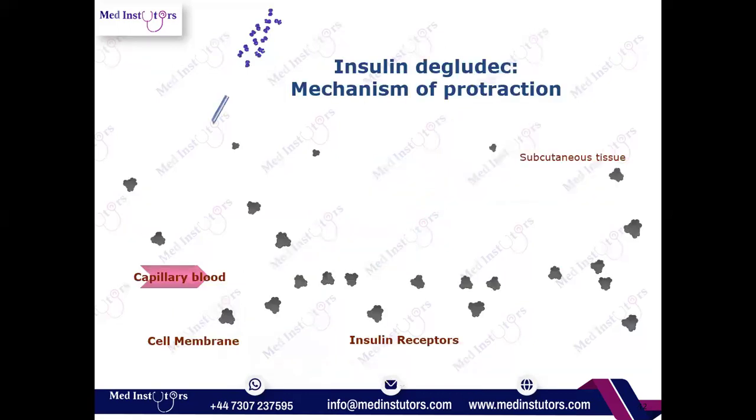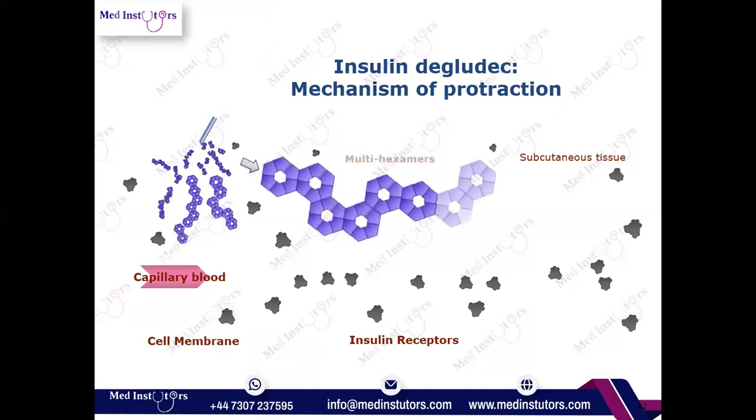So we can see a cartoon here of the insulin degludec. The mechanism of action is shown as a cartoon here. It is injected into the subcutaneous tissue, initially in the form of monomers, then forms the hexamers, dihexamers, and slowly the multi-hexamers, and they stay inside the subcutaneous tissue.